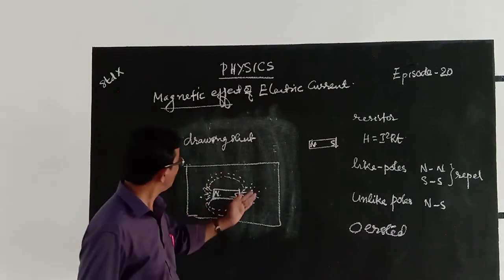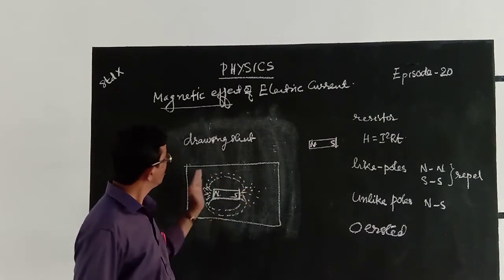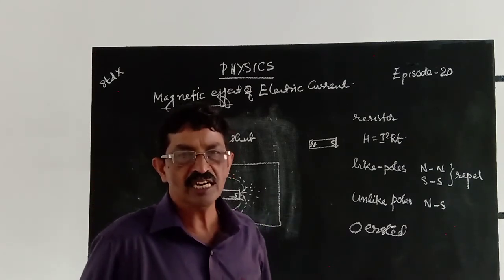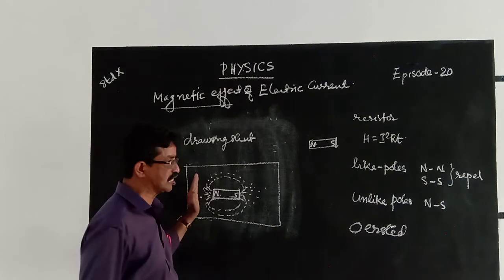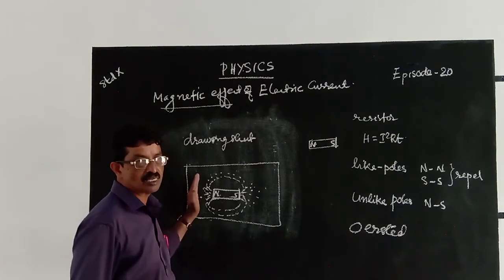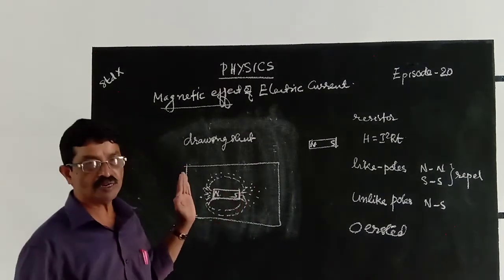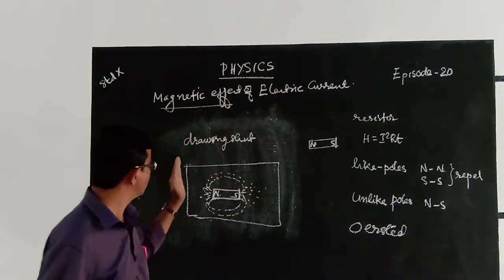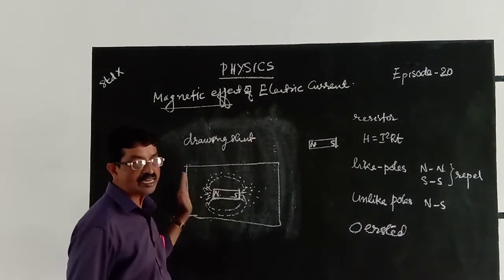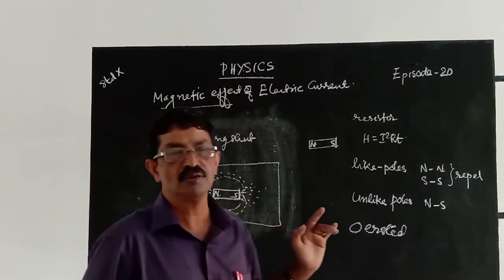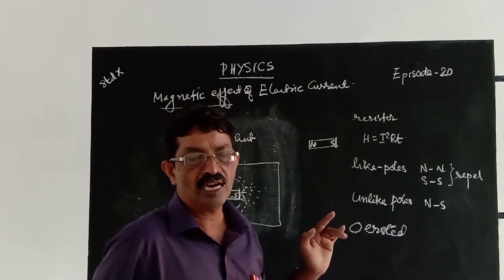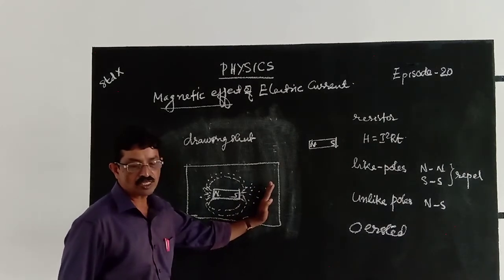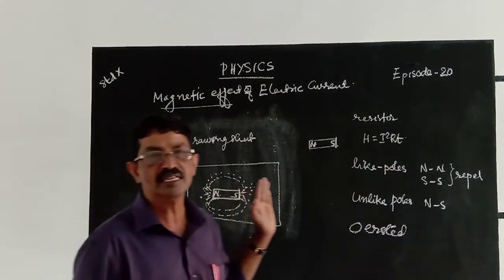So the region or the space around the magnet where the magnetic property of the magnet exists is called the magnetic field. So what is actually a magnetic field?